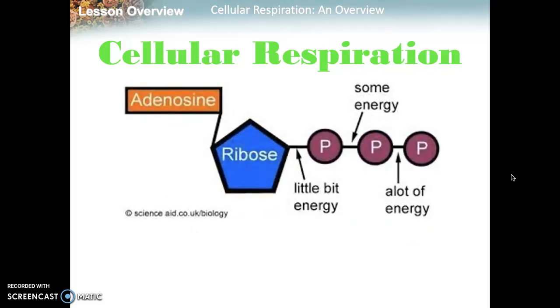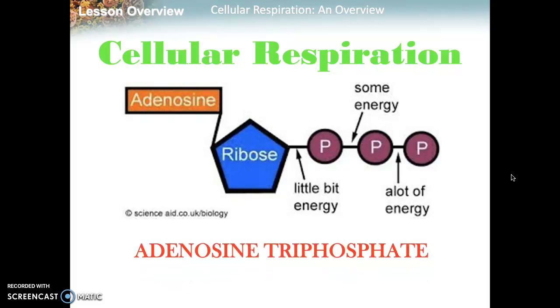Okay, now again, the big energy molecule that we've been talking about is ATP. Here you can see a picture of this. Again, adenosine triphosphate, or ATP. We have adenosine, ribose, our 5-carbon sugar, and we have our 3 phosphates, with most of the energy in this little chemical bond right there.